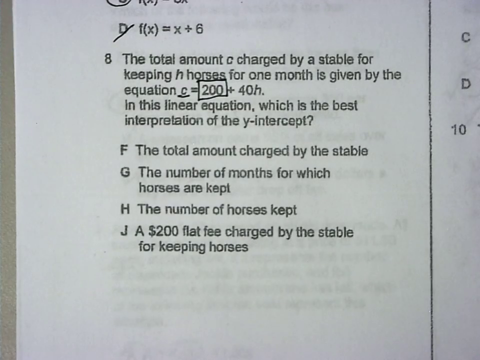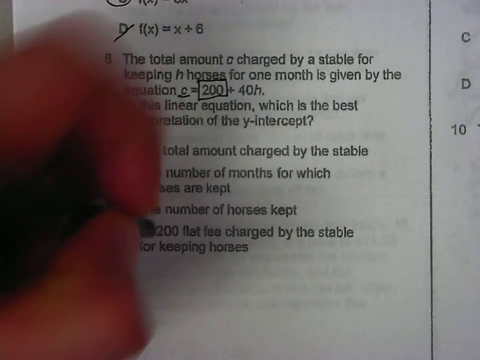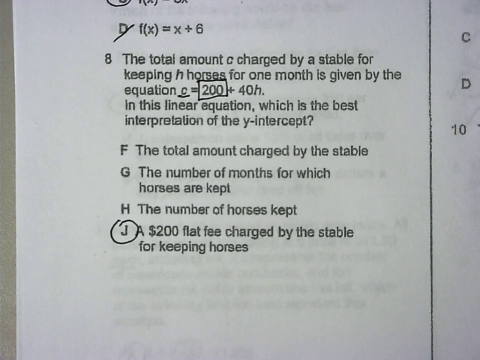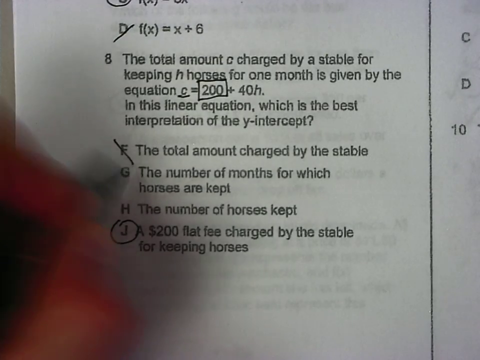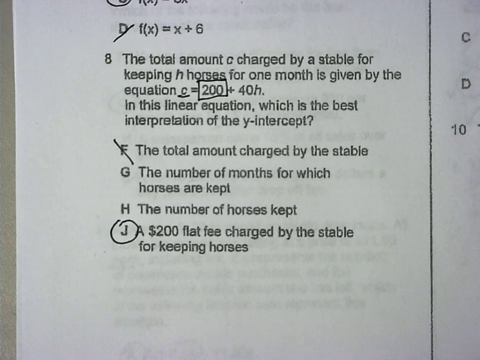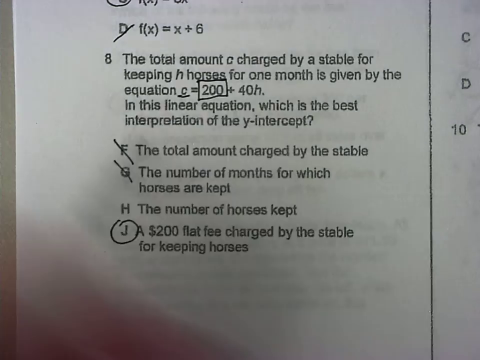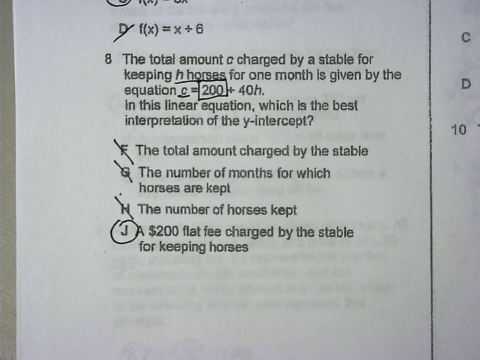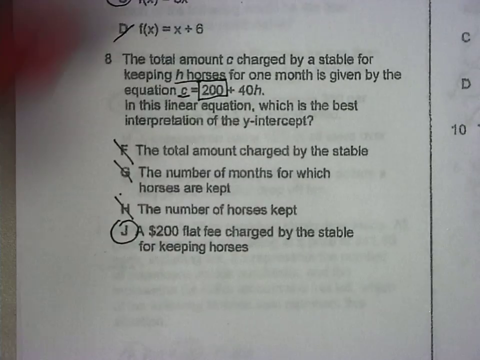So in this case, the $200 is what you pay for just having the horses in the stable. In this case, what we call a flat fee. It's not the total, because that would be what the C is equal to. It's not the number of months, because that's not even represented in this equation. And the number of horses kept is the letter H. It even tells us in the equation, H horses. The y-intercept is always the number that's by itself without a variable.